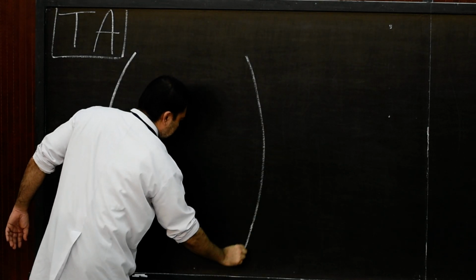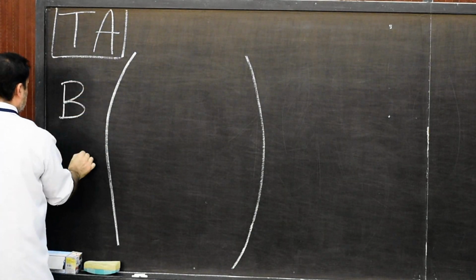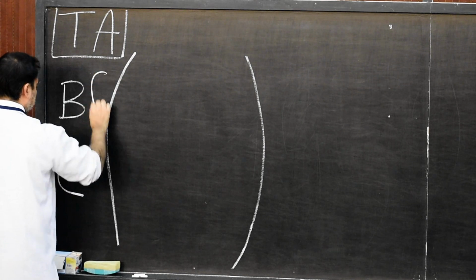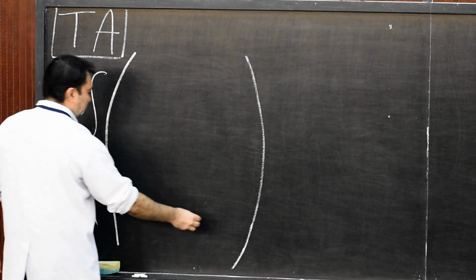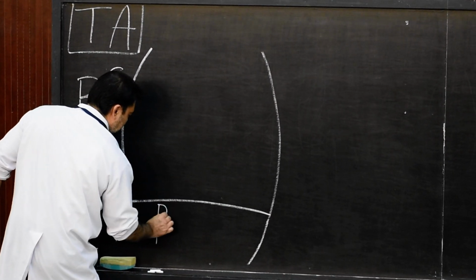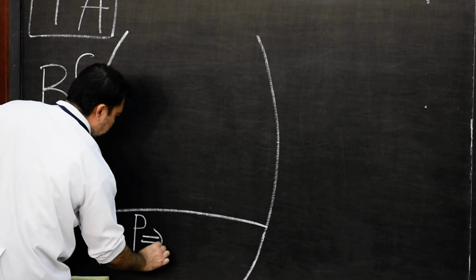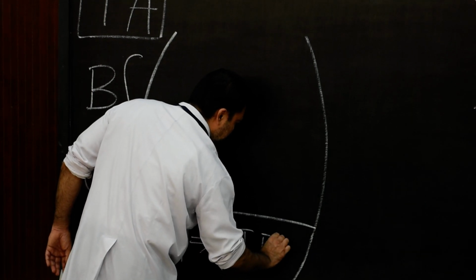This was what we had drawn earlier also, a very simple diagram in which the bulbus cordis is shown. The proximal part of bulbus cordis will develop into the trabeculated inflow tract of which ventricle?